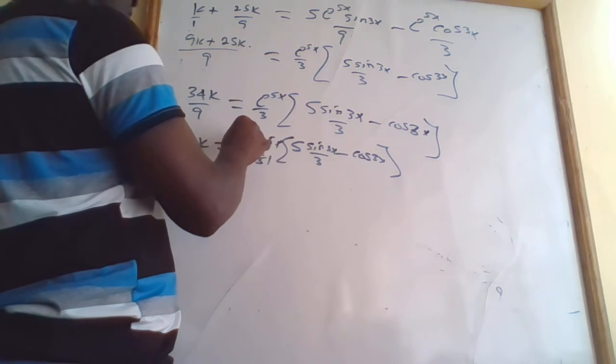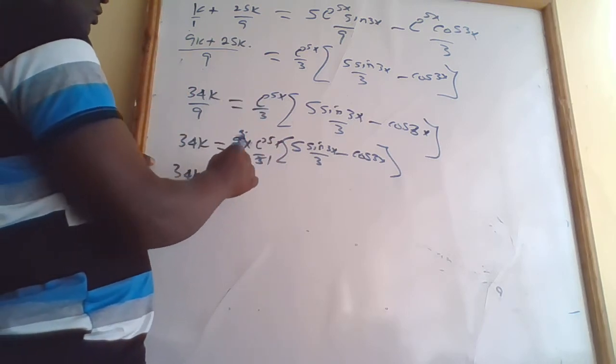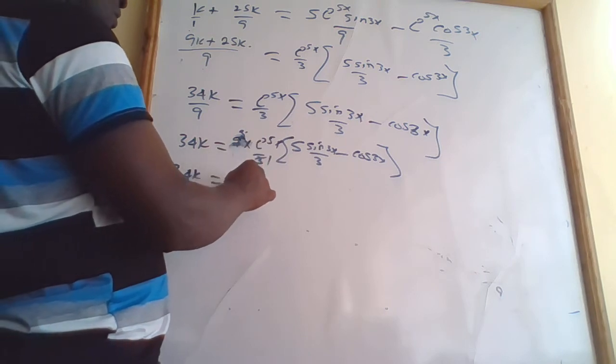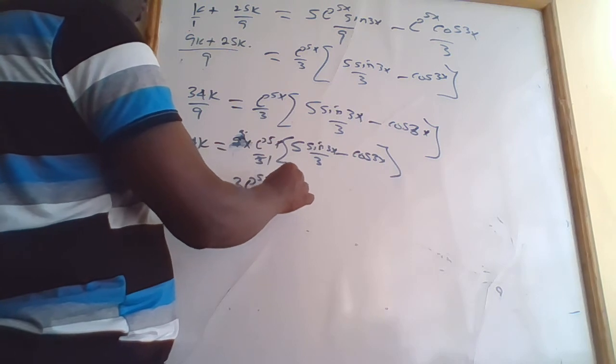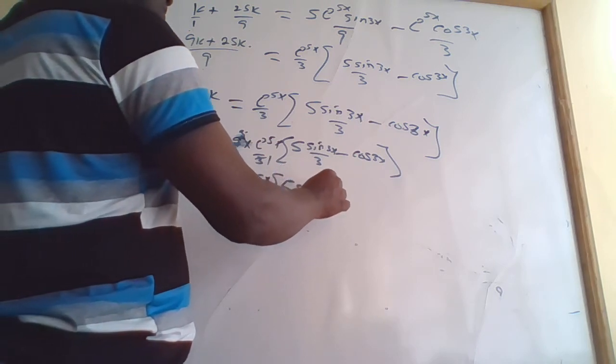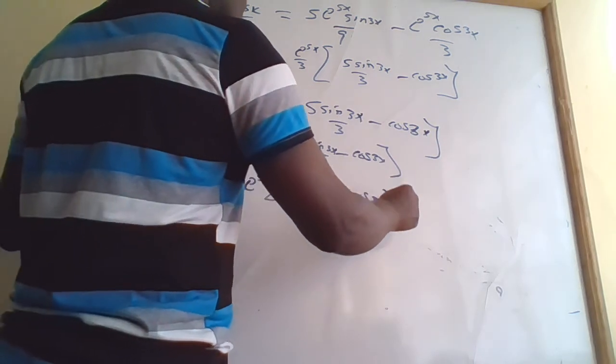The 3s cancel, so we have that 34k equals 3e^(5x) into 5 sine 3x over 3 minus cos 3x.